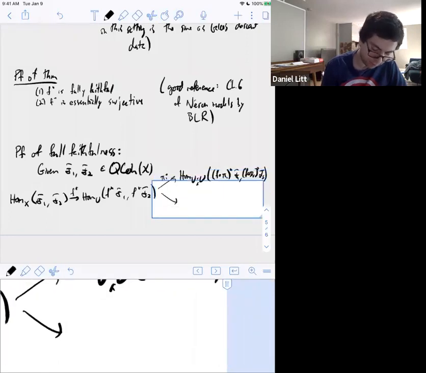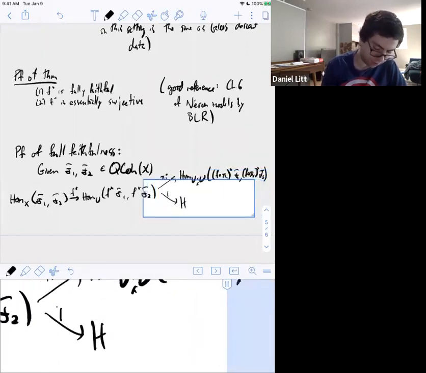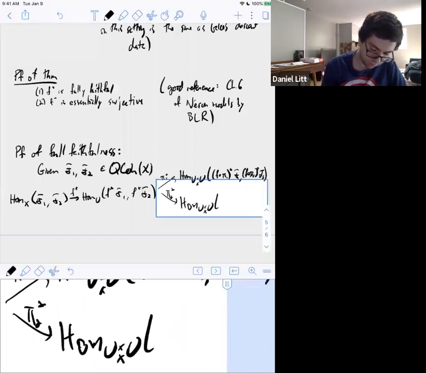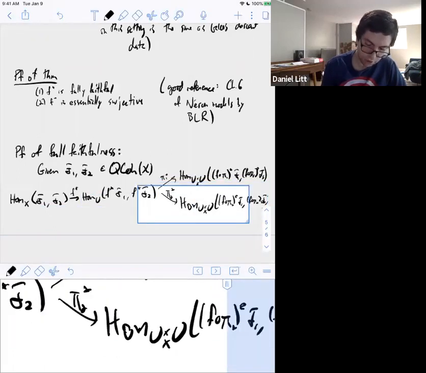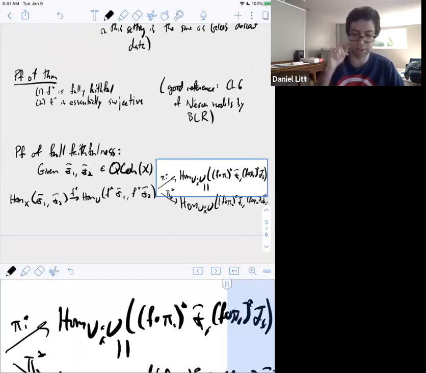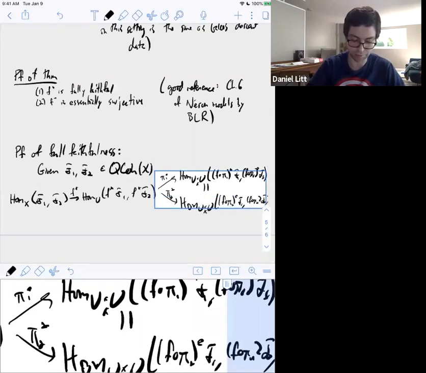And then this map is just the same thing except with pi2 star. But these two Hom sets are canonically equal, just because they're Homs on the same space, and f composed with pi1 is the same as f composed with pi2.